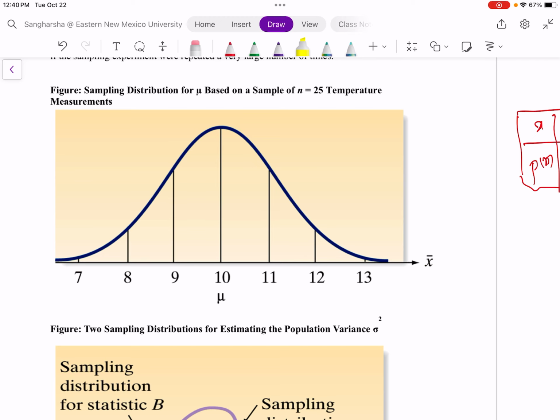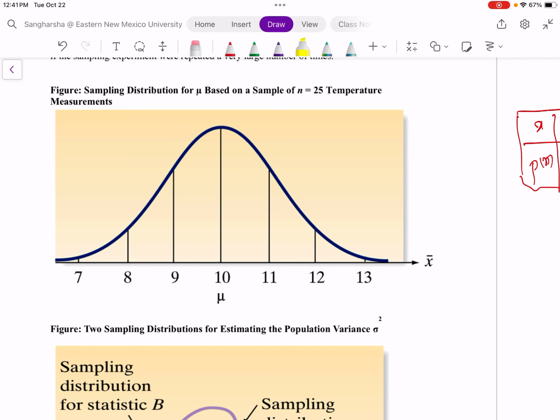What helps you decide this is a sampling distribution? X bar. You have this picture and you need to tell me whether it is a sampling distribution or a continuous probability distribution. A sampling distribution, that's correct, but what is the reason? How do you know that it is a sampling distribution?